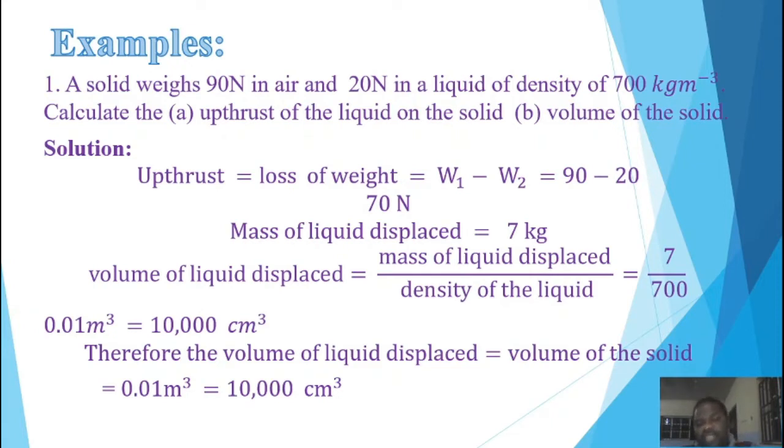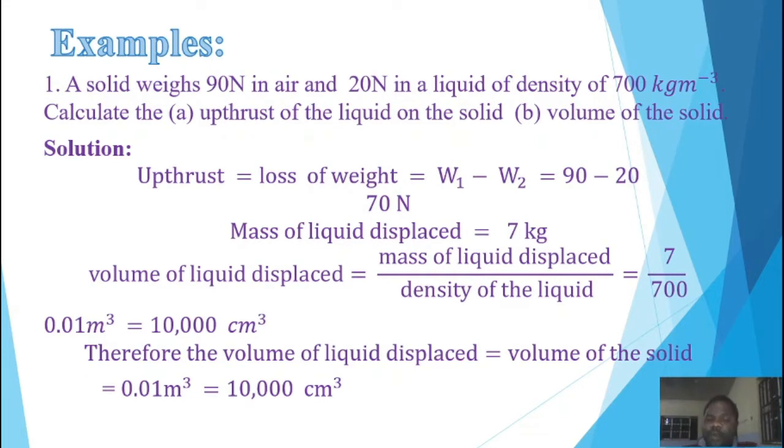So 90 minus 20 gives us 70 Newton. So that means that particular solid lost 70 Newton of weight when it is inside the water, and that is the upthrust. Okay, now we go to question B.